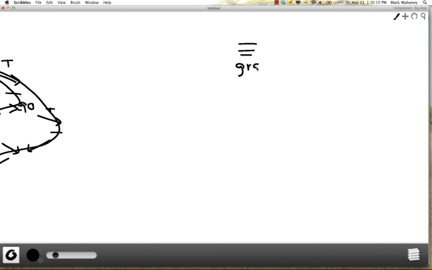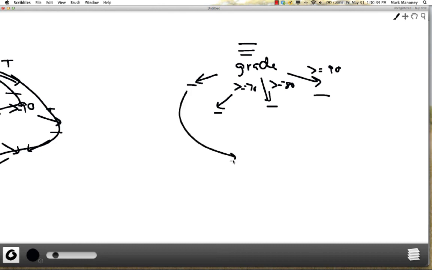So basically we can see, well, what's the grade? Is it greater than or equal to 90? We'll do one thing. Is it greater than or equal to 80? We'll do something else, and so on. Okay, so we have all these different paths to choose from, and then no matter what, one of them is going to get selected, and then the flow of control is going to go back to our sequential flow.